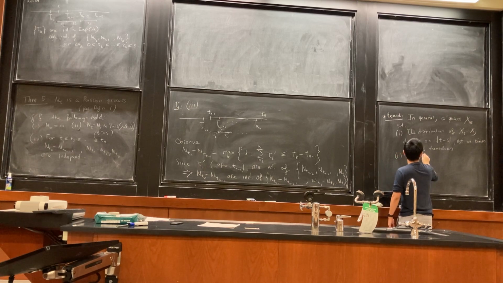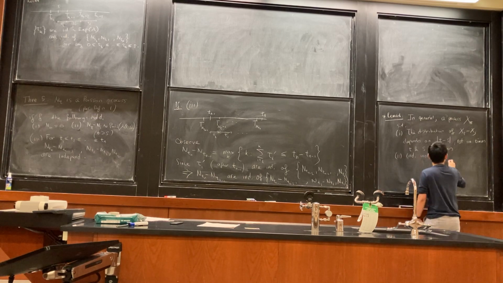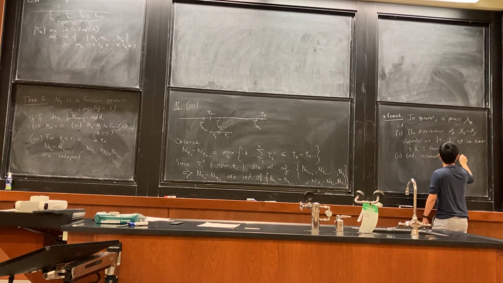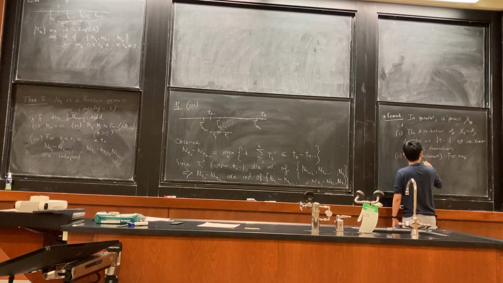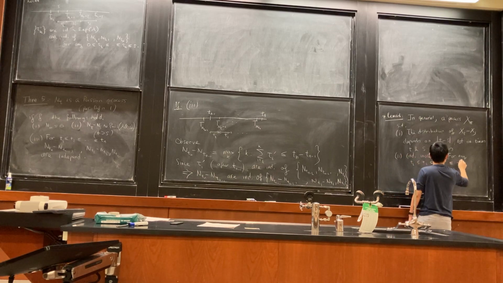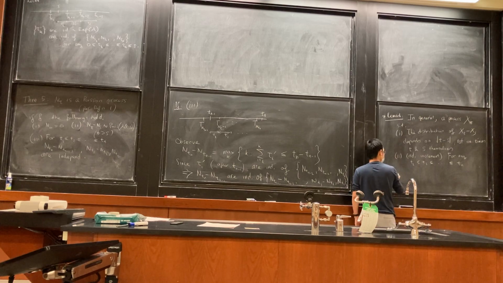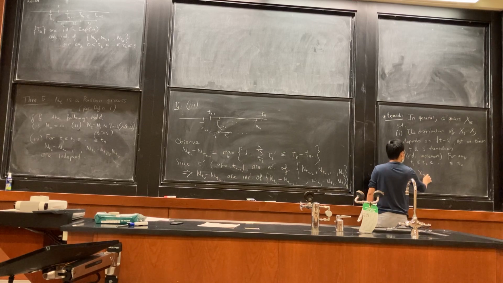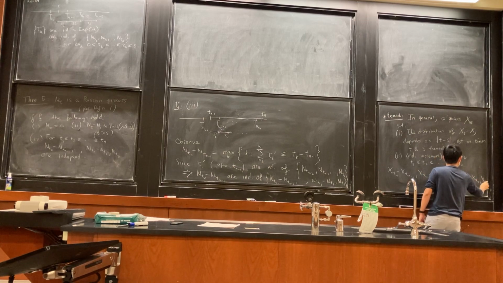namely for any sequence of, let's say, t1 less than t2 less than tn, we have X(tn) minus X(t(n-1)), X(t(n-1)) minus X(t(n-2)), all the way down to X(t2) minus X(t1), and X(t1).